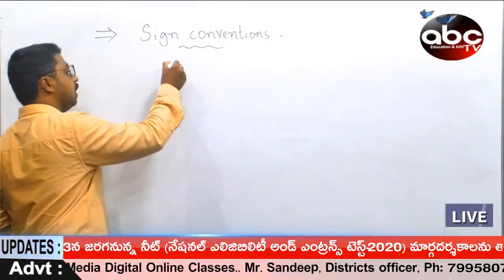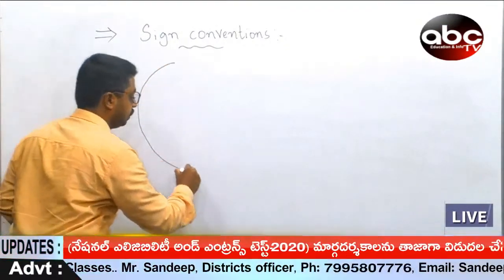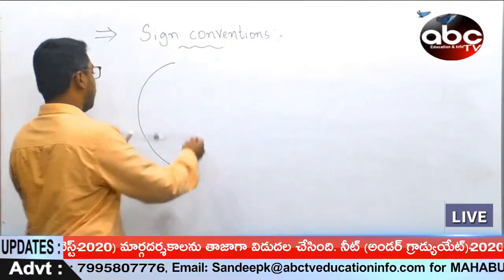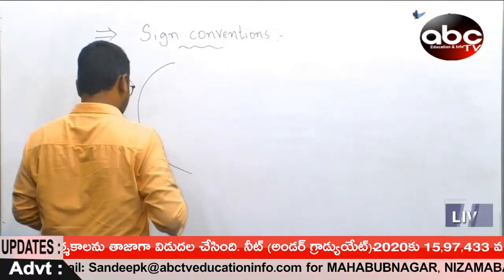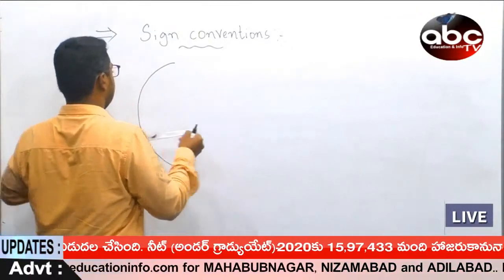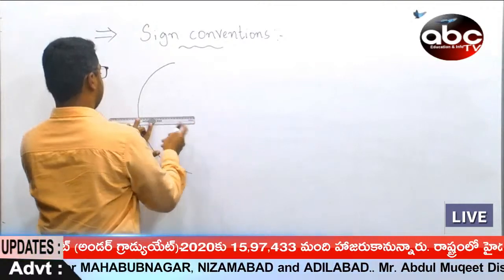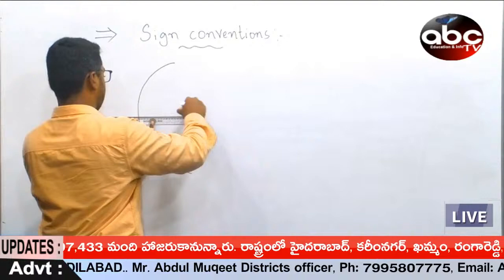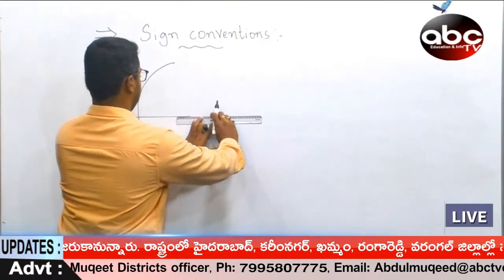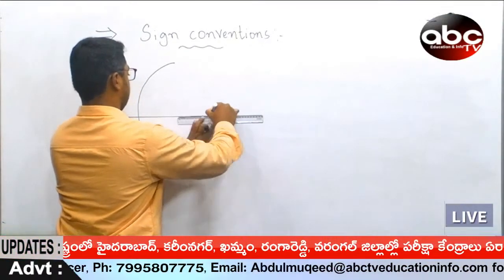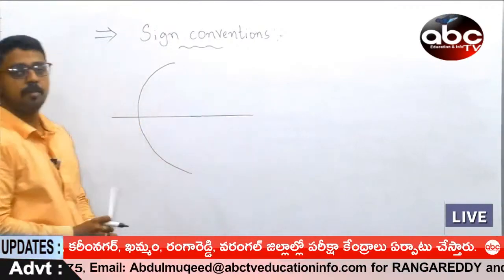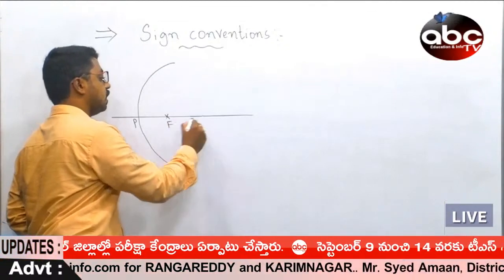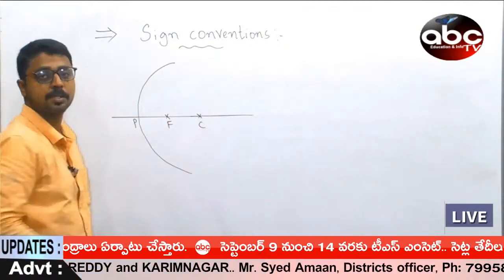Listen carefully. I'll draw a concave mirror, and of course I will take the principal axis. Suppose this is your pole, this is your focus, this is your center of curvature.